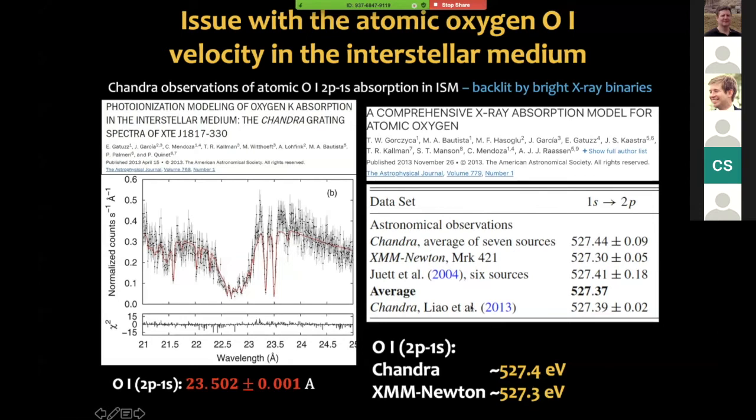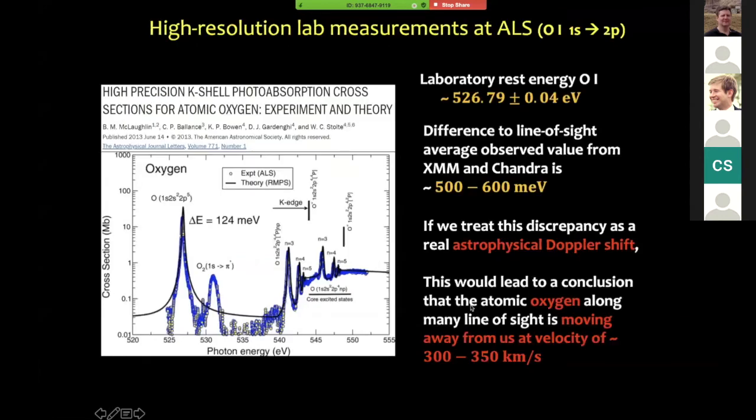When all of these observations were compared with the high-resolution laboratory measurement at the Advanced Light Source done a couple of years before, what we found was a difference between the observations and the laboratory rest energy. This difference was roughly 500 to 600 millielectron volts.